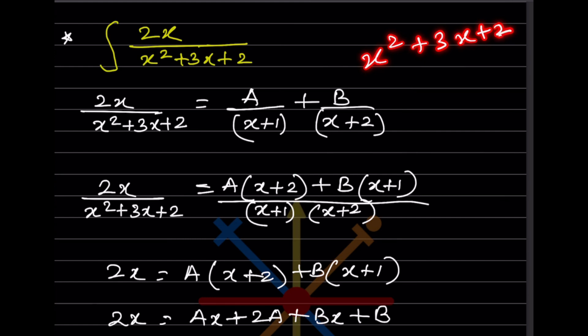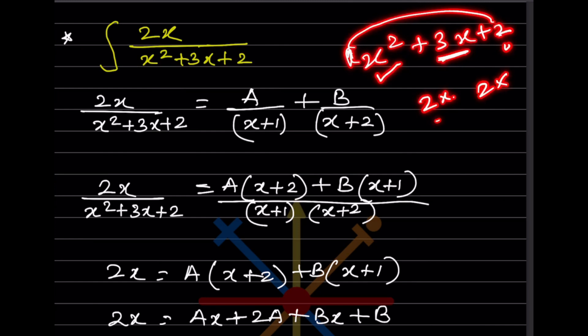So now we are going to look at the coefficient of x square and the constant. So here is 1. So you will take the factors of this, will be 2 into 1, that will be 2, and this is the middle term, so you get 3. So when you add plus 2 plus 1, that is going to be 3. So that is going to be x square plus 2x plus x plus 2.